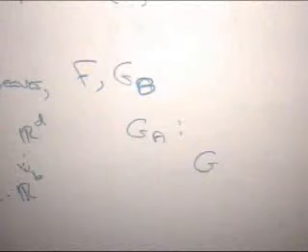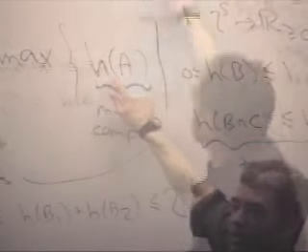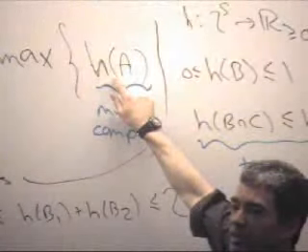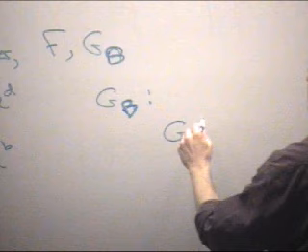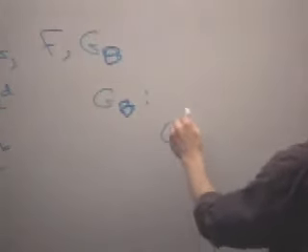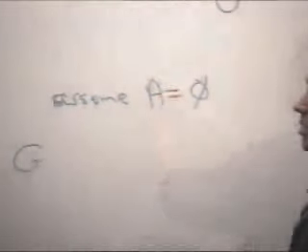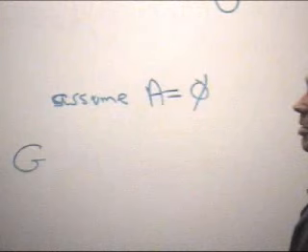I should use B because A is the thing that we're trying to find an interesting H value of here. So G of B will be as follows. Let me assume that A is the empty set. That's the most interesting case anyway for this.